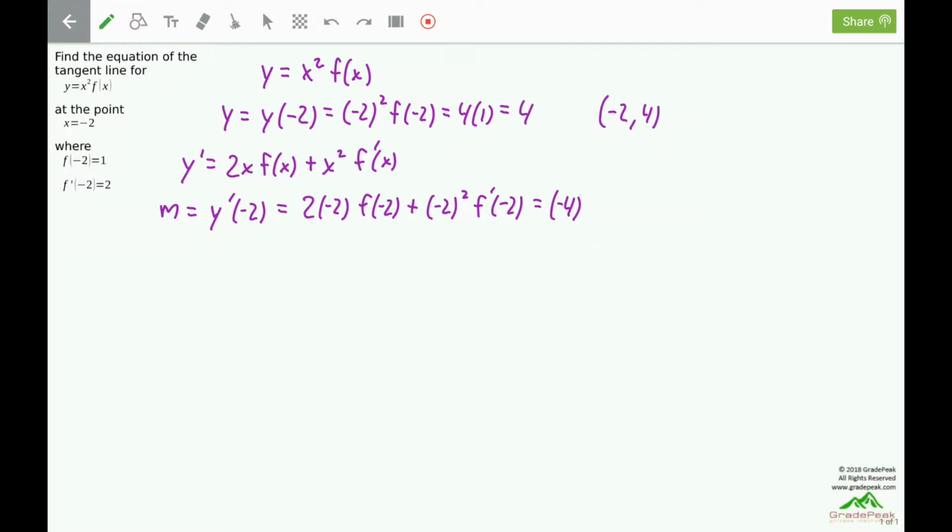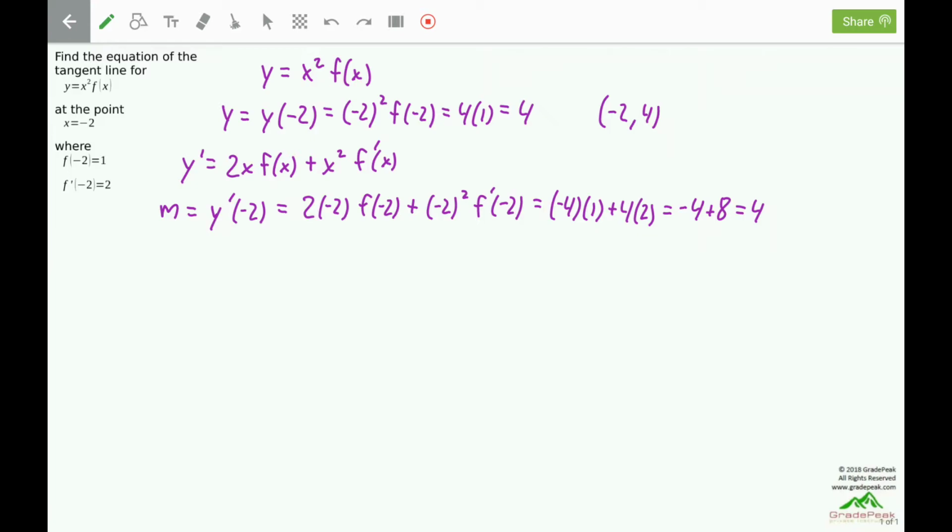It's 1. -2 squared is +4, and then f prime of -2 is right here. It's 2. -4 times 1 is -4. 4 times 2 is 8. -4 plus 8 is +4. There's our slope.